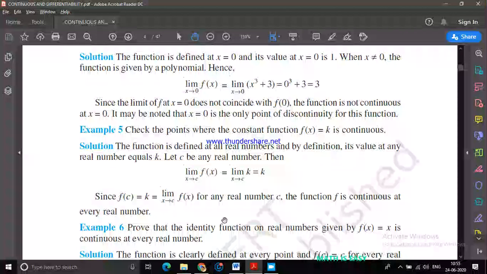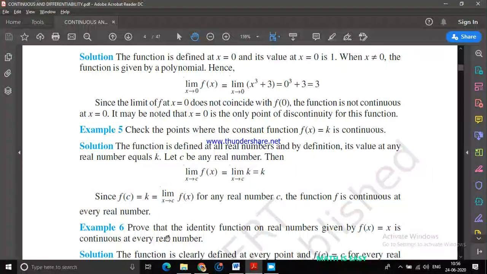Now till now we discussed continuity of a function at a particular point, the point which they mention in the question. At that particular point the function is continuous or not, right? Now when I say a function is a continuous function, the whole function is continuous. I'm not talking about a particular point. If I want to say the whole function is continuous, then it has to be continuous at every point in the domain. In the domain, if you have, for example, closed interval 1, 2, there are infinite points.